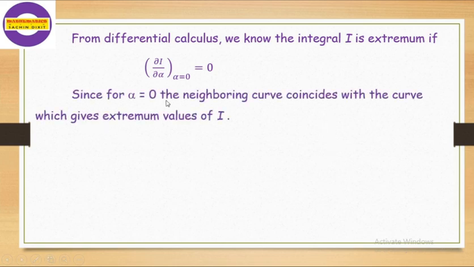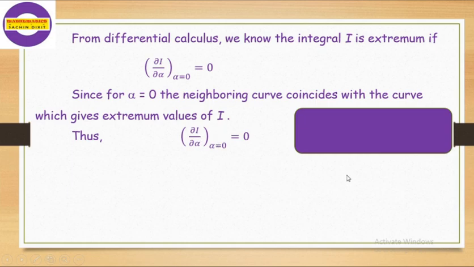Since for alpha equals 0, the neighboring curve coincides with the curve which gives the extreme value of I. Because if we take alpha equals 0, the last term alpha into eta of x becomes 0, and hence it becomes the same curve as C. Thus partial I by partial alpha at alpha equals 0 is equal to 0.